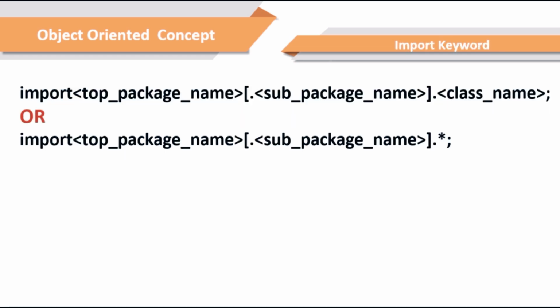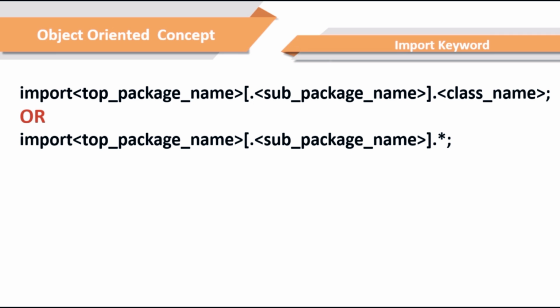Import keyword. So we can use the import keyword to import built-in and user-defined packages into our Java source file. Our class can refer to a class that is in another package, and we can use its name directly in your class.